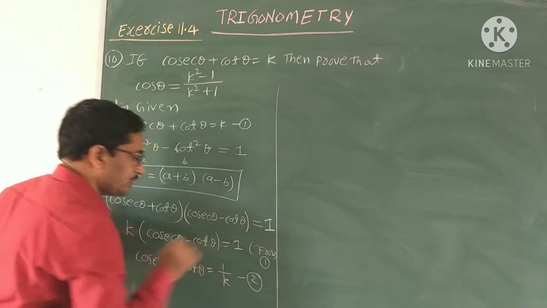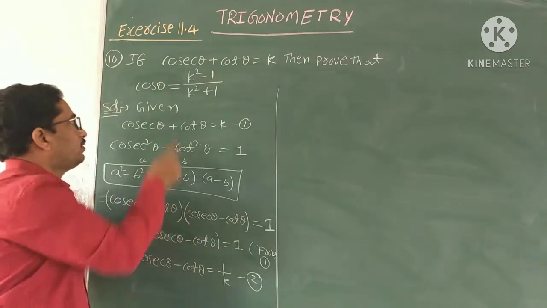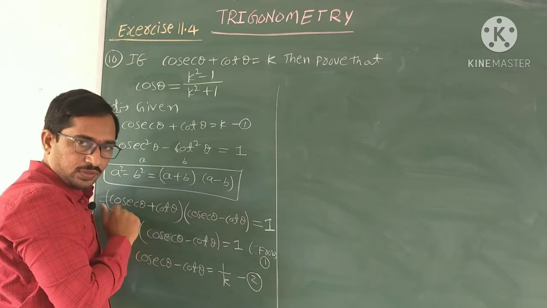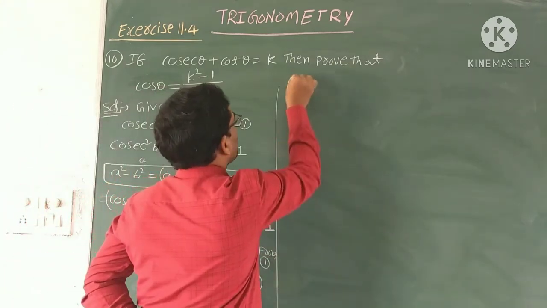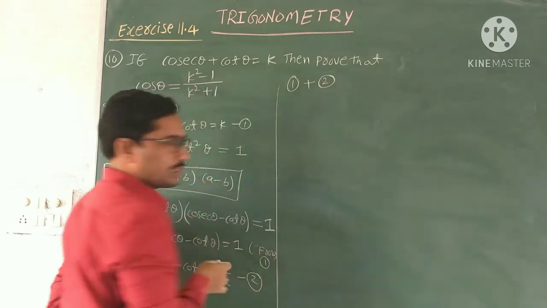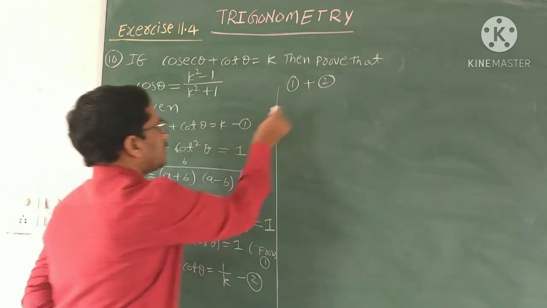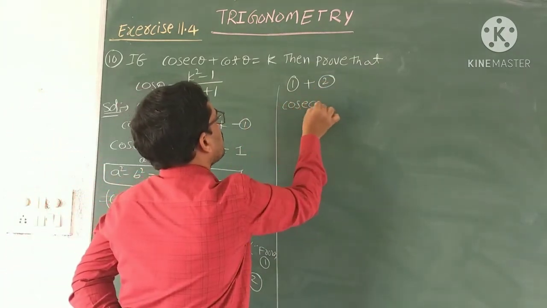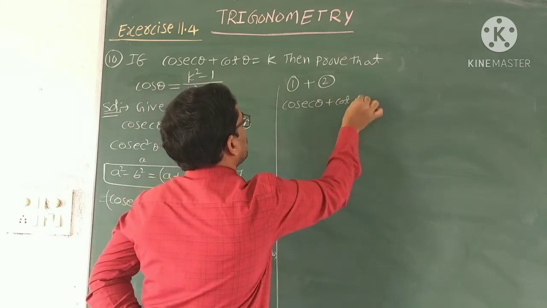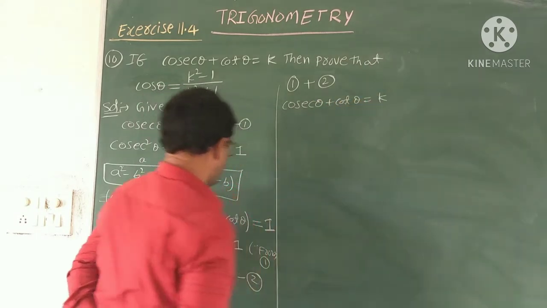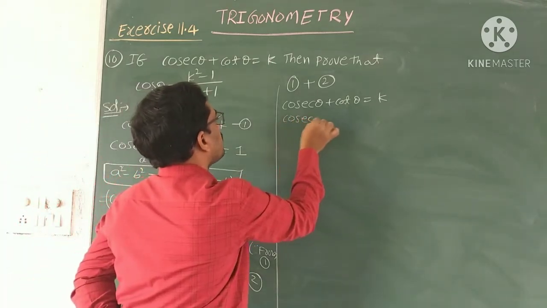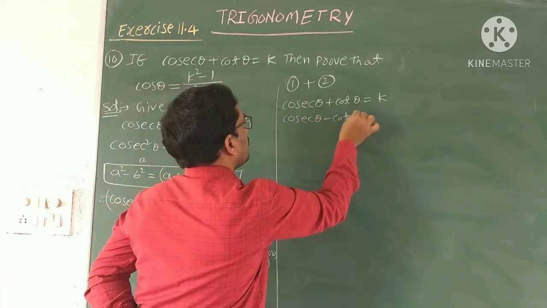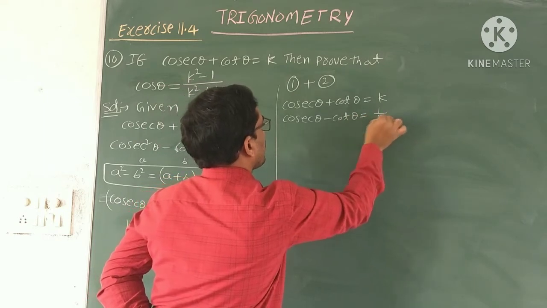Say equation number 2. Now we have to find the cos theta value. For this, add equations 1 and 2. Equation 1: cosec theta plus cot theta equals k. Equation 2: cosec theta minus cot theta equals 1 by k.